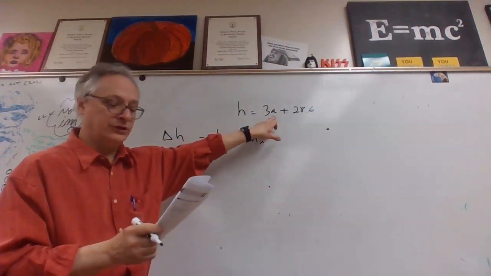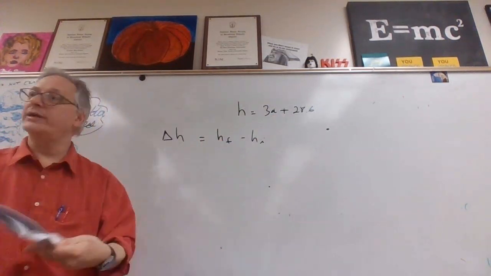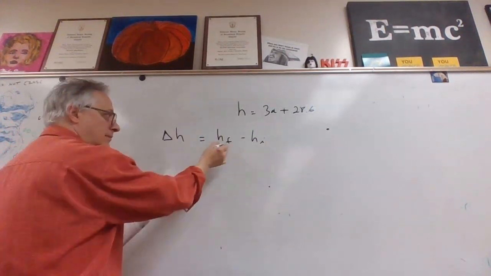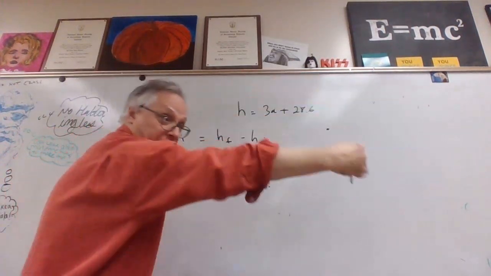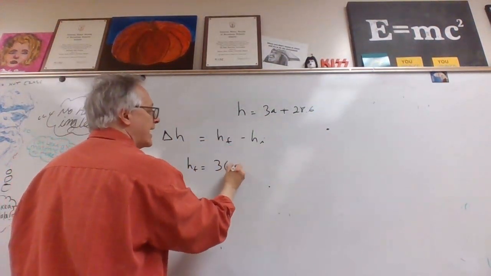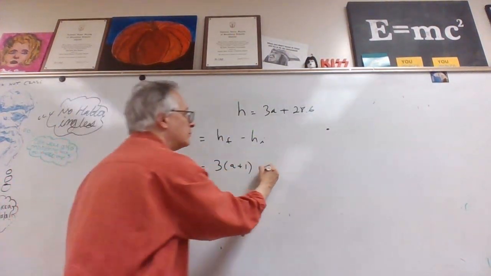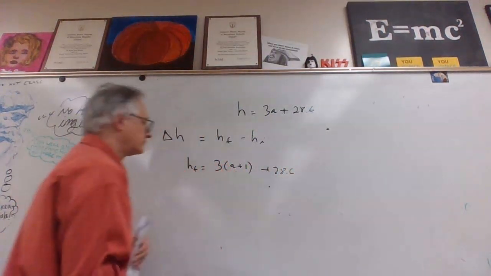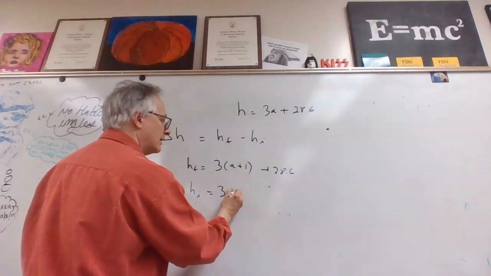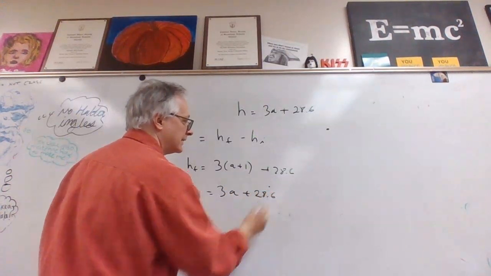Now, a is your value in years. So let's just look at 2 consecutive years. Well, 1 year from now, my H final is going to be 3(a plus 1) plus 28.6. That's 1 year in the future. My initial height is just going to be 3a plus 28.6.